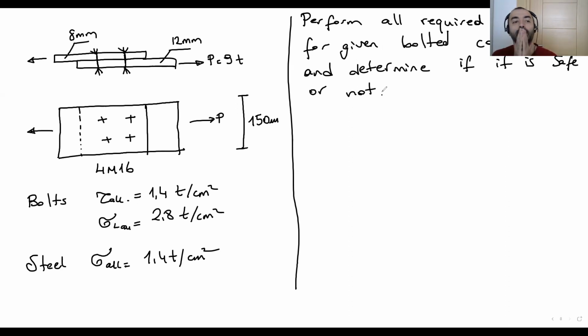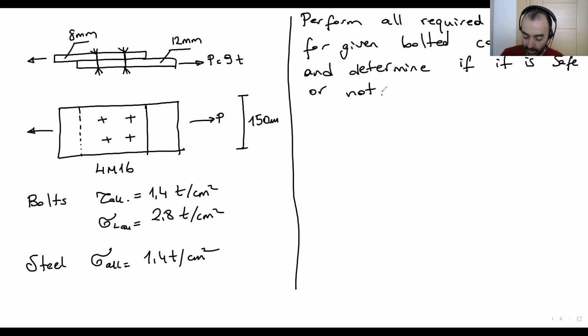We have this connection. It transfers 9 tons and all the plate thicknesses, widths, and all other dimensions are given on the sketch. We are going to decide if this connection is safe or not. To do this, we have to calculate the total capacity of this connection and compare with the load P.